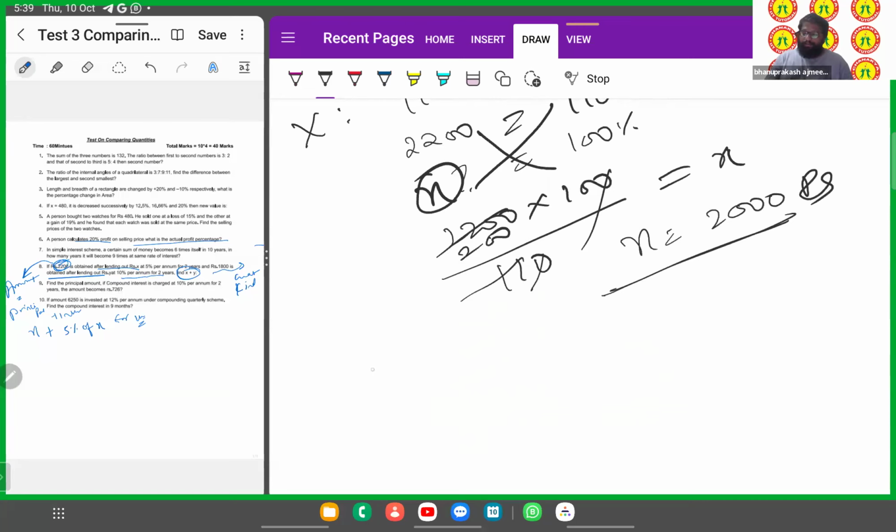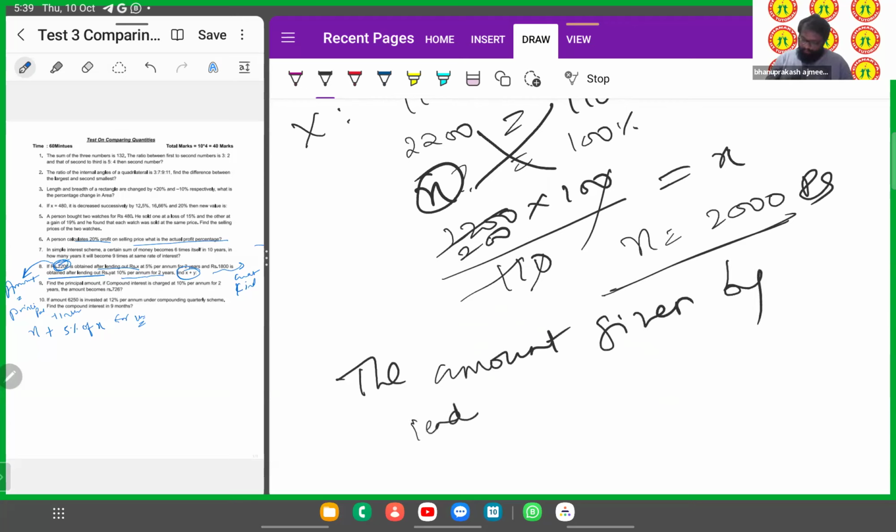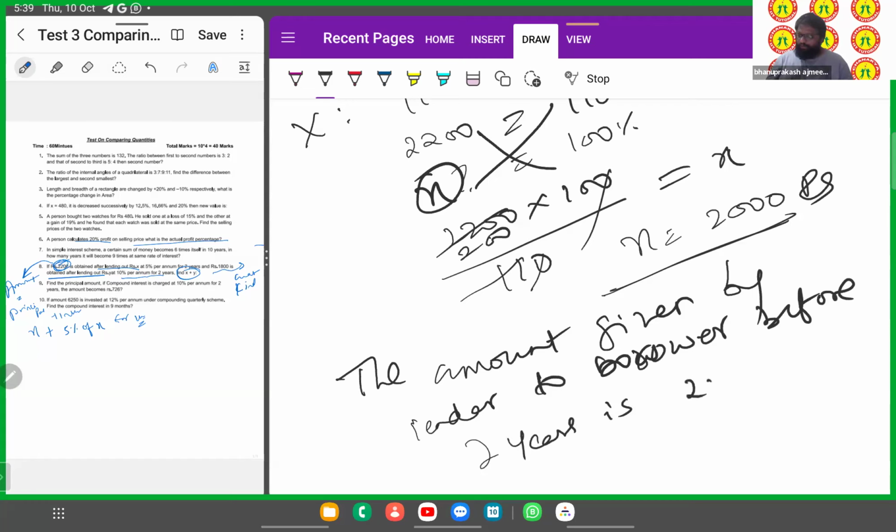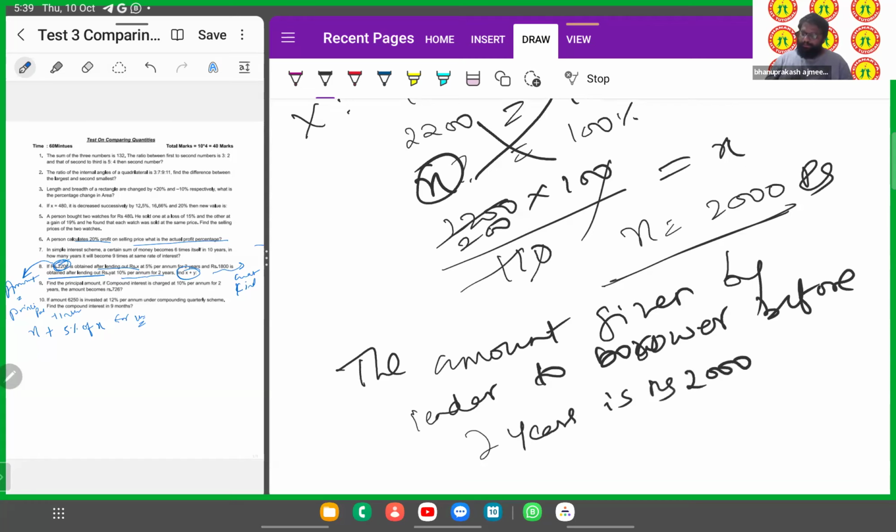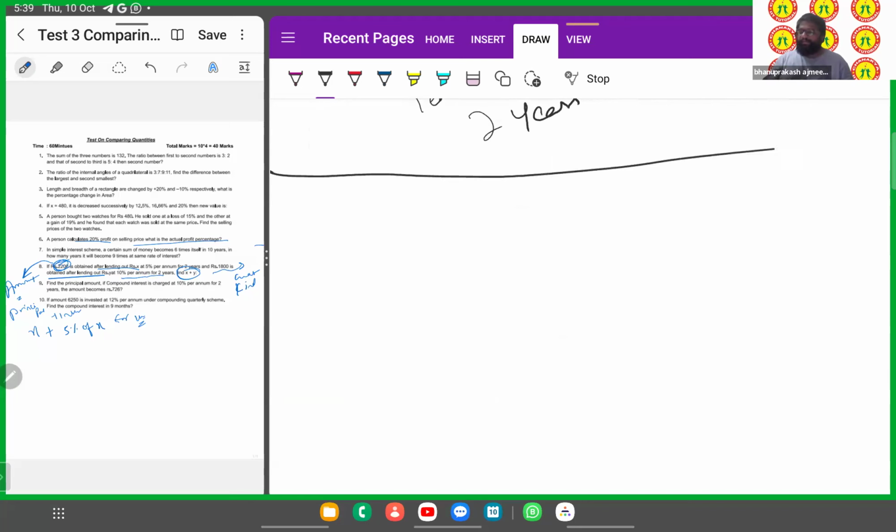So the amount given by the lender to the borrower 2 years before is 2000 rupees.